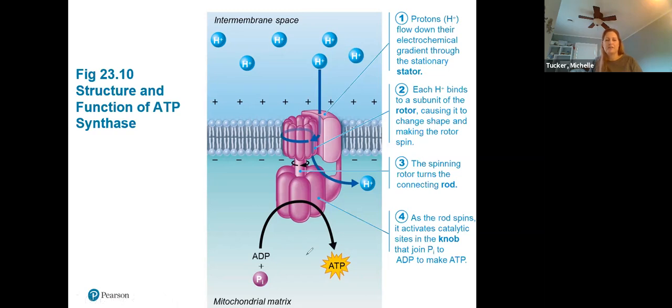And the number of reduced NADH's and FADH2 that enter the electron transport chain is going to result in the production of 28 ATP.